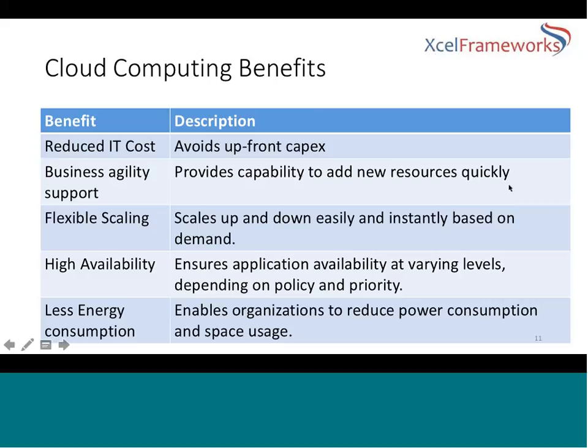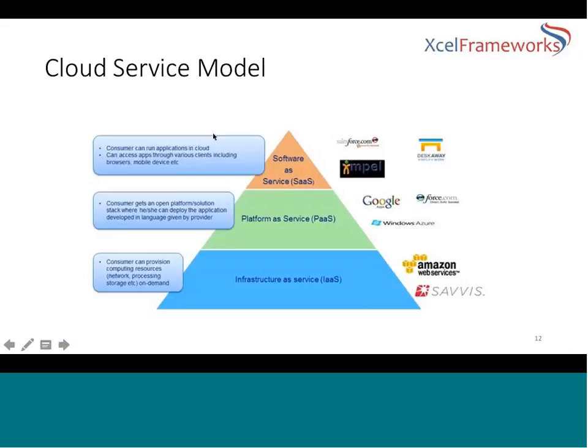Then you have less energy consumption, which enables organizations to reduce their power consumption and space usage. So you can say you are going green if you are moving to cloud. So these are the benefits which may encourage enterprises to move to cloud.